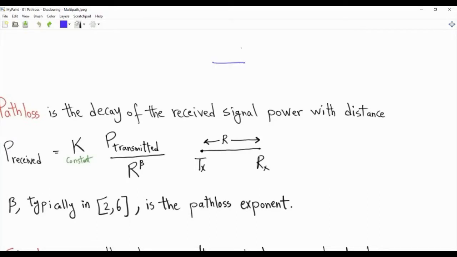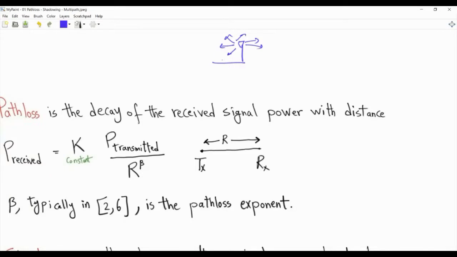So you transmit your signal, and there is an antenna, and you transmit from the antenna. The signal comes from the antenna in all directions, or if it's a directive or high gain antenna, the transmitted power will be focused in a particular direction.